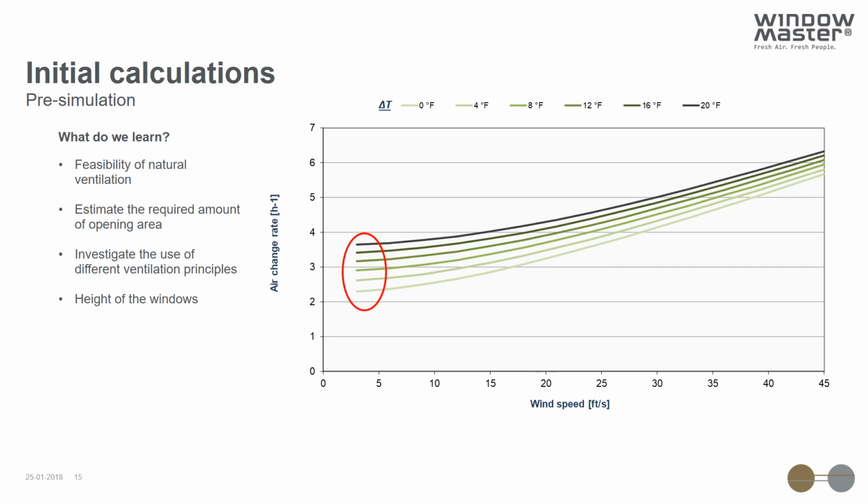And the thing with the opening area for natural ventilation is that you can get completely different flow rates depending on the ventilation principles with the same amount of opening area. So it's very important to consider if you're going to use single-sided or cross ventilation or stack ventilation, because you are able to achieve completely different amount of opening area.